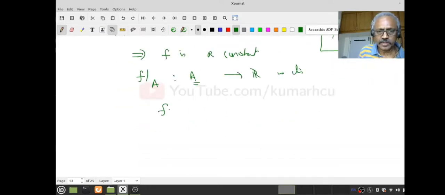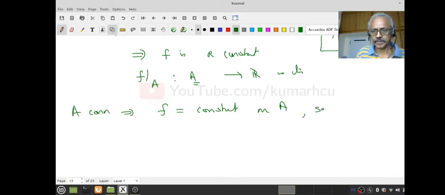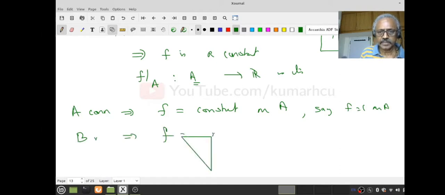Therefore, F must be a constant on A. Say F equals 1 on A. But for a similar reason, B is connected, that implies F must be a constant on B also.